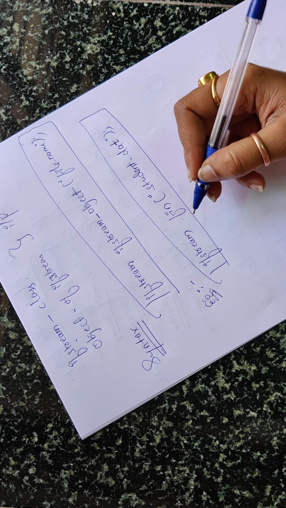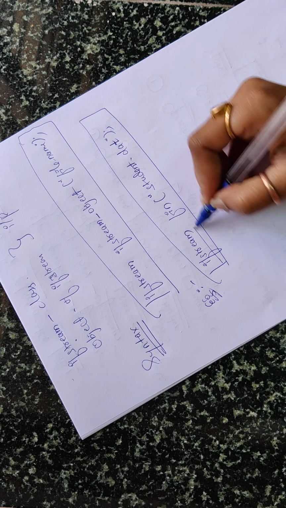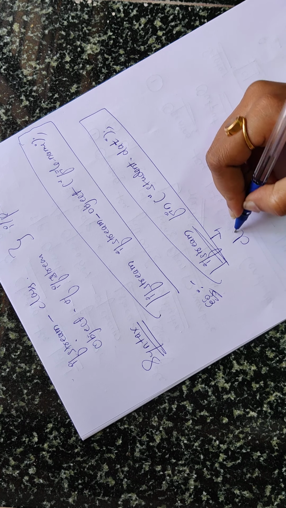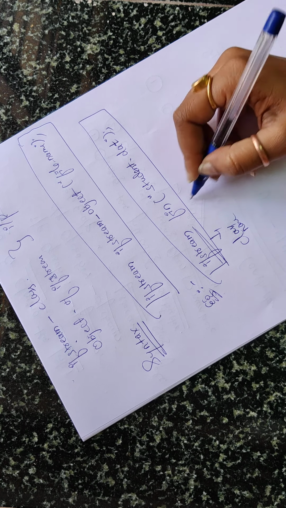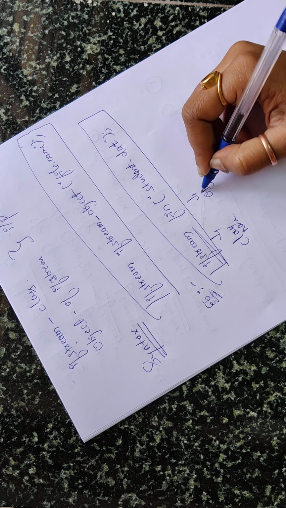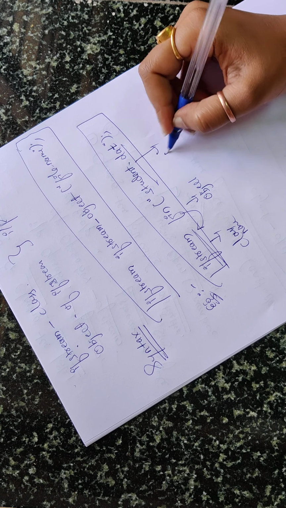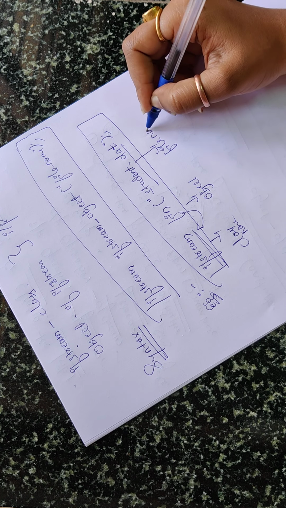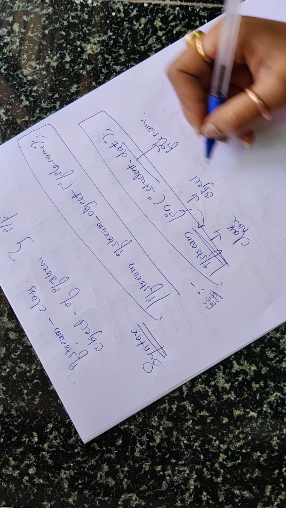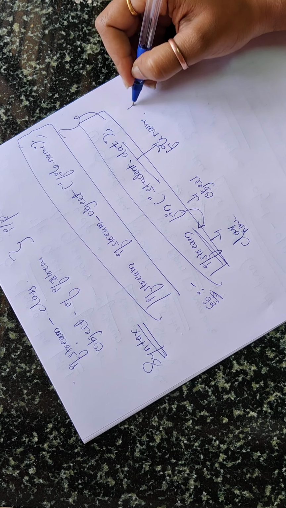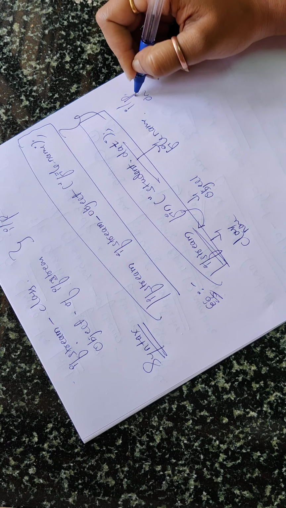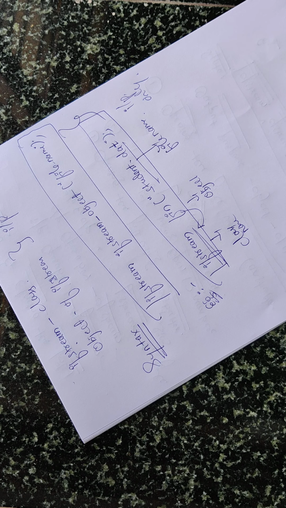So this is an example. Here ifstream is a class name, fin is an object, but an object of what? Of the ifstream class. And here this is a file name which we are opening only for input purpose.